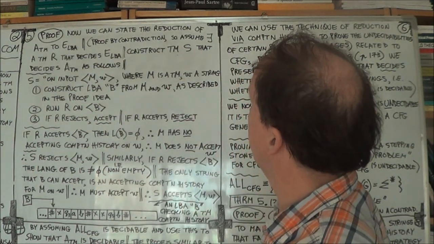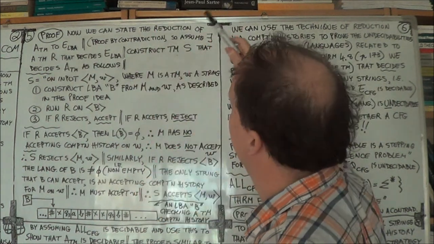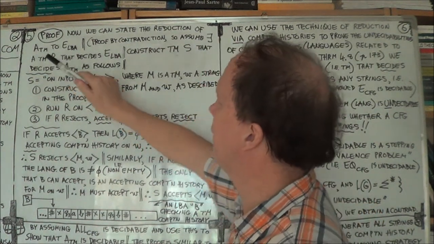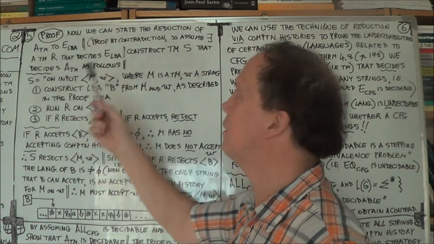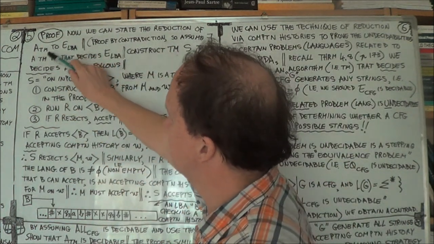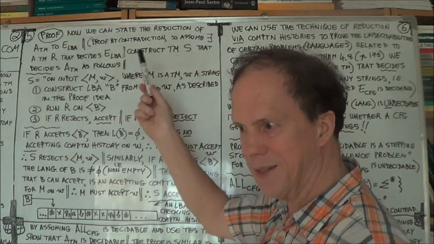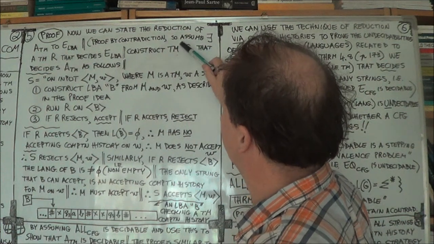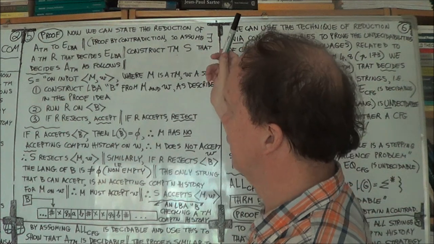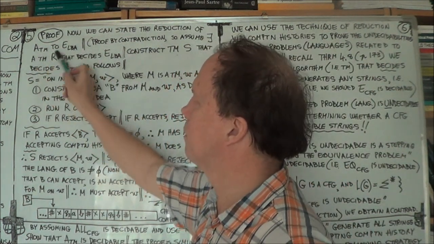So partly proof by construction, we will construct this larger Turing machine S, which has R as a tool. S uses R, and the existence of R enables S to be solved. So in that sense, this problem S reduces to this one, R.